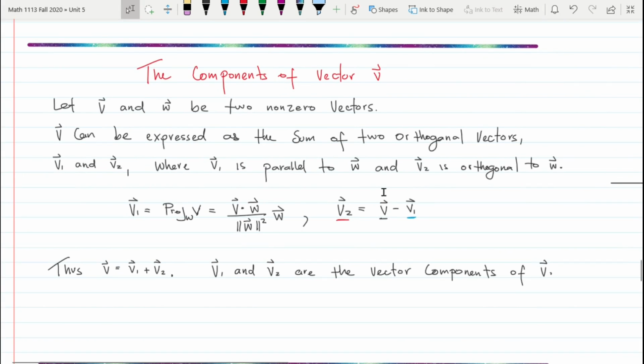So the sum of those two vectors V1 and V2, which happen to be orthogonal to each other, adds up to vector V. Okay, so the same problem can be asked in many different ways. However, if you understand all these different components, I think you should be all right.